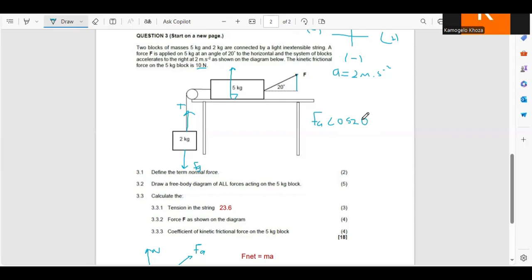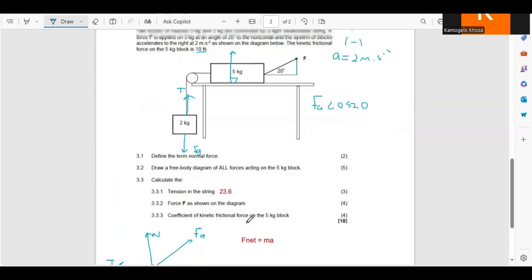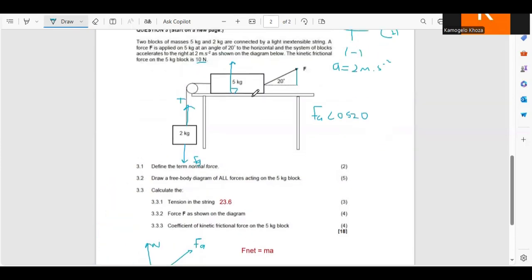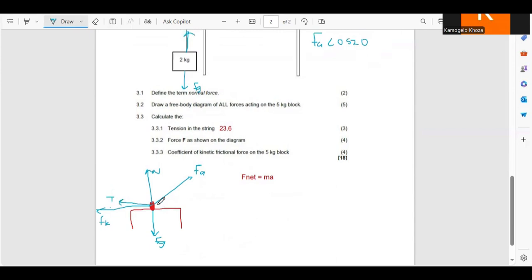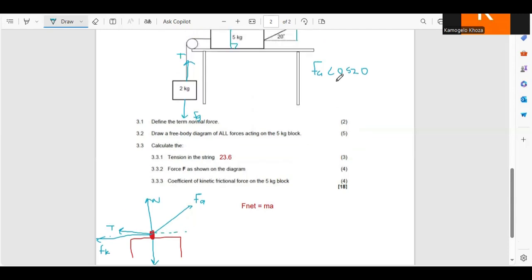Why? Because remember, I said your F net, because this is moving horizontally, is going to be the sum of all horizontal forces. Now, can you see your tension is horizontal, your kinetic frictional force is horizontal, they're acting horizontally, but your force applied is applied at an angle. We are looking for this x component of our force applied, right? And because our 20 degrees is adjacent to it, we use cos in this case.